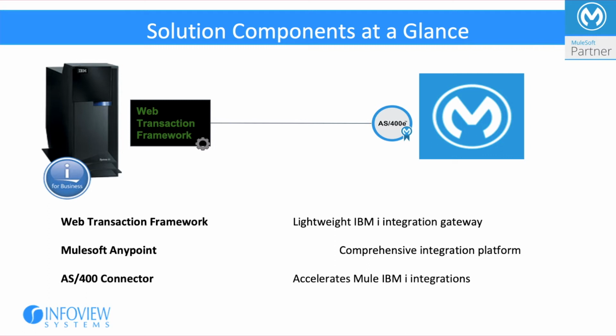Infoview developed the AS400 connector used for the Anypoint Platform, MuleSoft, in MuleSoft integration application development, and the Web Transaction Framework that complements MuleSoft Anypoint and accelerates IBMi use cases. The Web Transaction Framework is a product of Infoview Systems that resides on the AS400 side. It's a lightweight IBMi integration gateway.